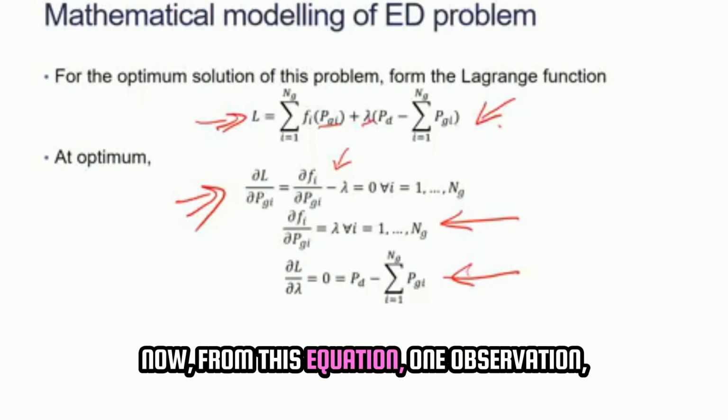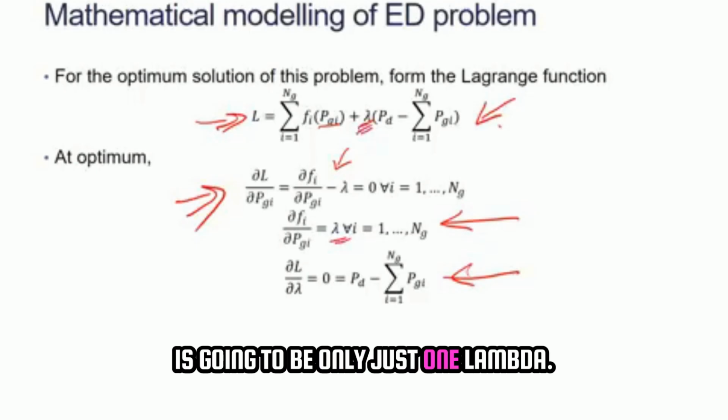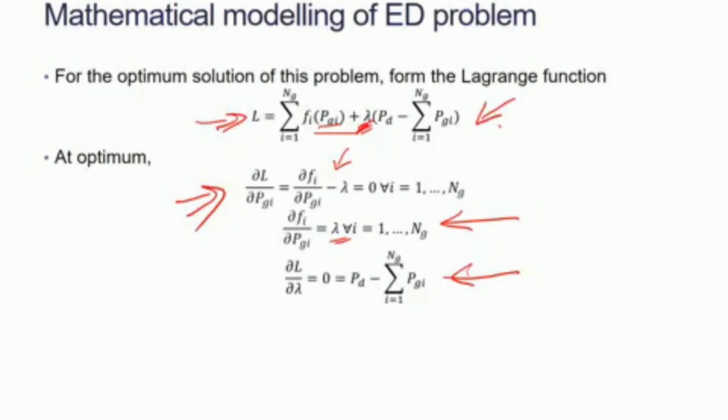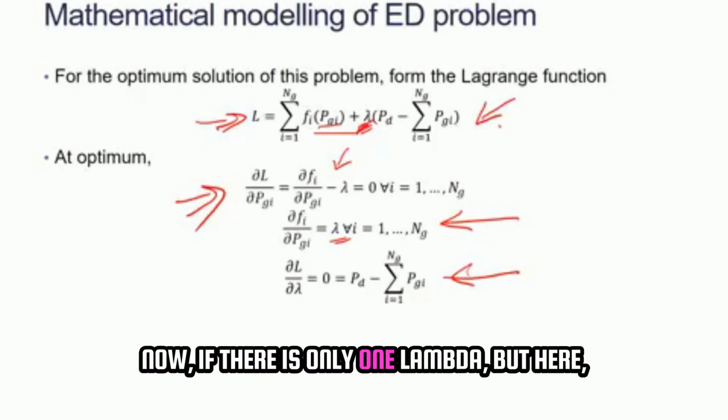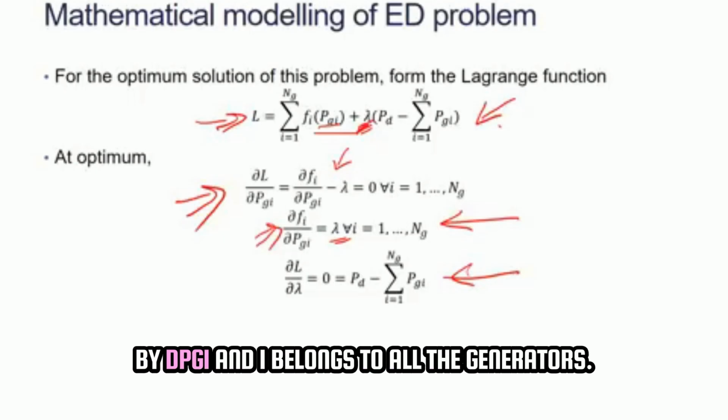Now from this equation, one observation you can make is that there is going to be just one lambda. Why one lambda? Because there is only one equality equation. On the left-hand side, it is dfi/dPGi, where i belongs to all the generators.